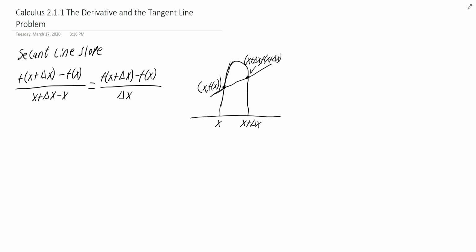So these are the coordinates of these two points that we're examining for the secant slope.